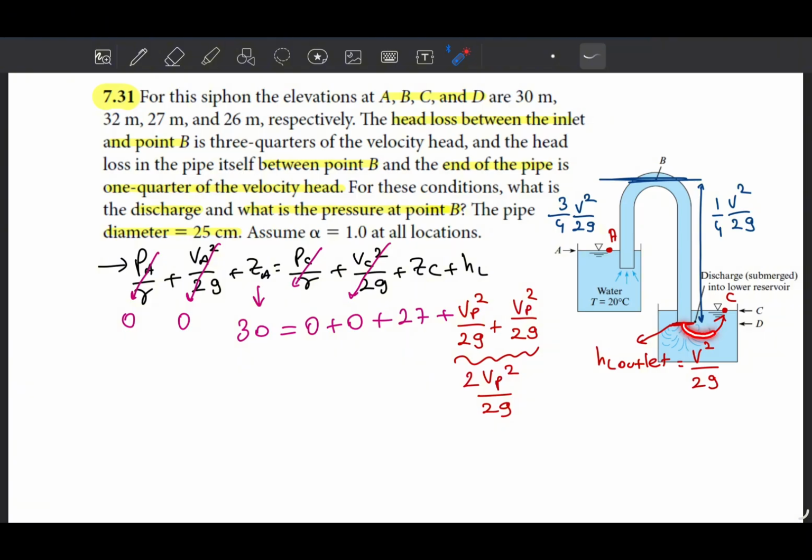And since the water is again coming here, we can directly use this point as the second point, and we can take this total head loss, which is pipe head loss plus exit loss. So actually let me write this. This is exit and this is pipe head loss.